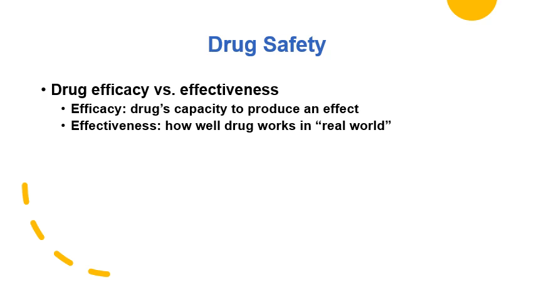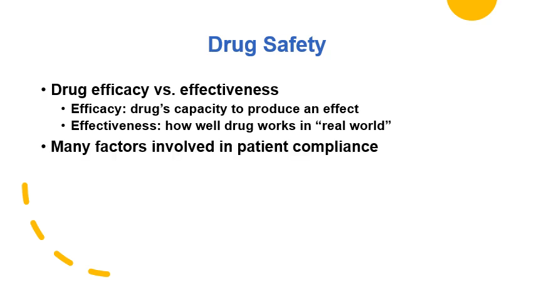Maybe there's a drug that works but has a lot of very adverse side effects, and that could cause the patient to stop taking it. So while the drug has the ability to produce an effect, how well it works in the real world for a patient might not be good, because they might stop taking it because they don't like the adverse effects. These are some of the factors involved in patient compliance.